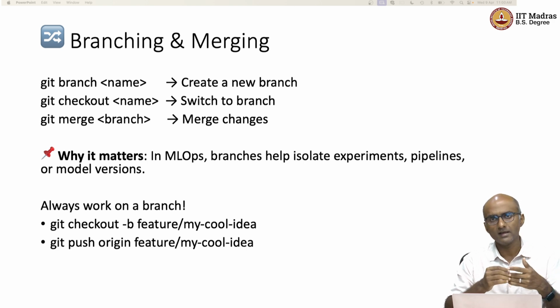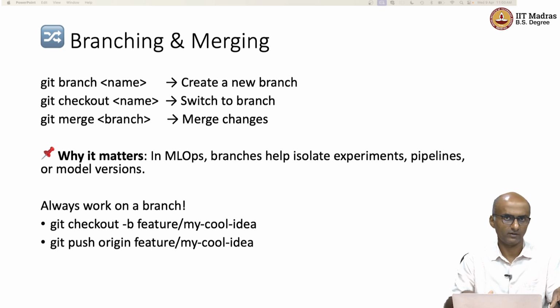Or the other example would be you start to work on various pipeline improvements because the data quality has changed, and therefore you need to always maintain a champion challenger version. As you work through the iterations of the models, you want the previous iteration to be obviously continuing in production, but the newer iterations you want to experiment first and then take a call on whether you want to make that the champion model, right?